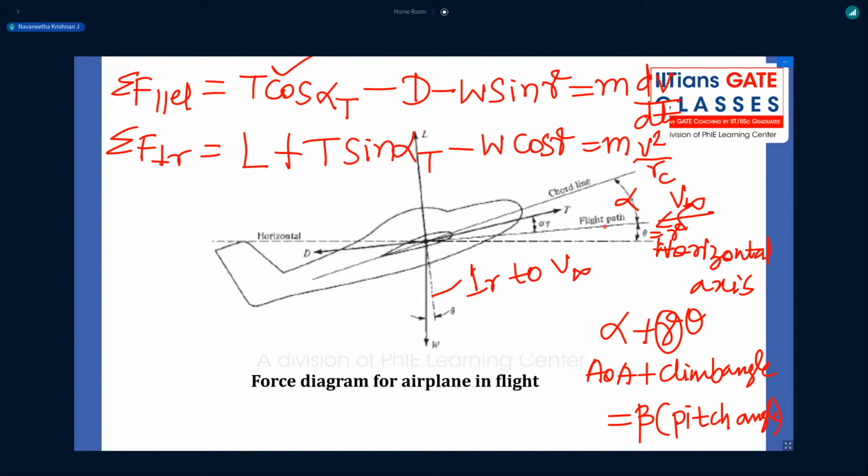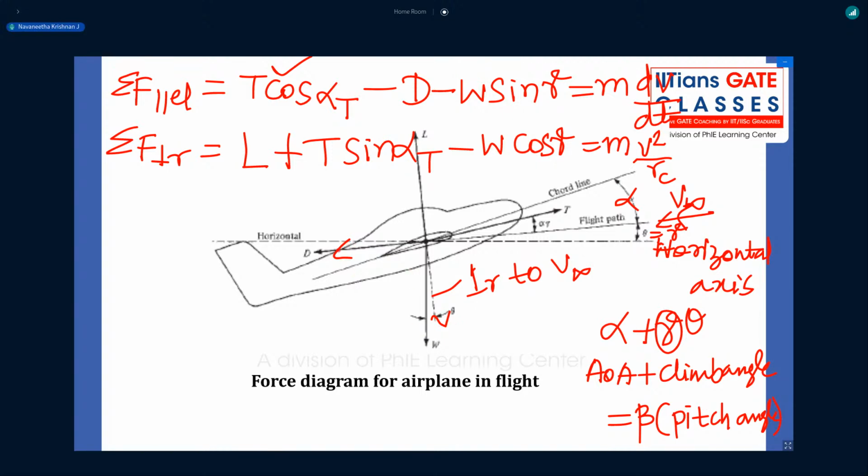Since drag is opposite to the direction of flight, there is a minus sign, so minus drag. The weight resolves into two components. In this direction, it is towards the angle, so it gives you W cos gamma.